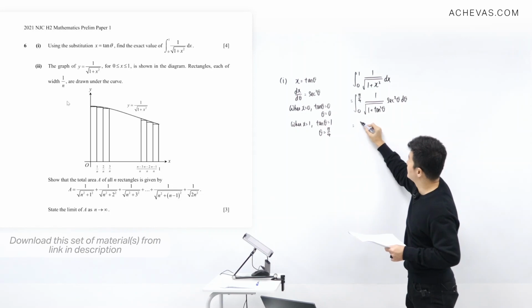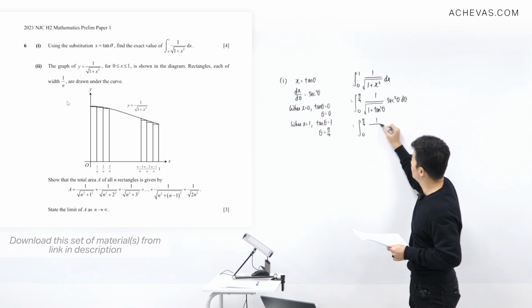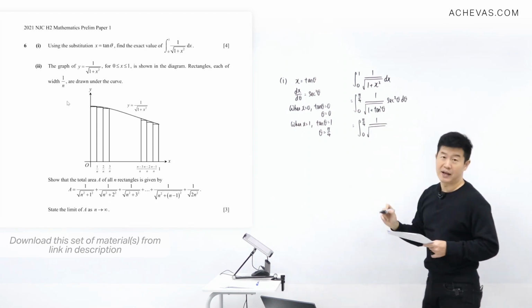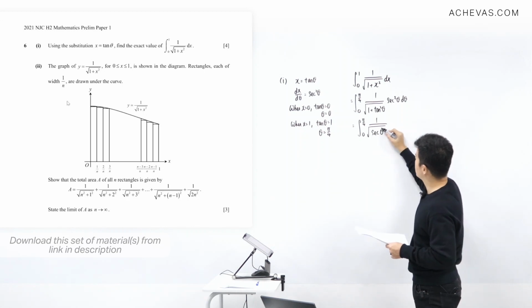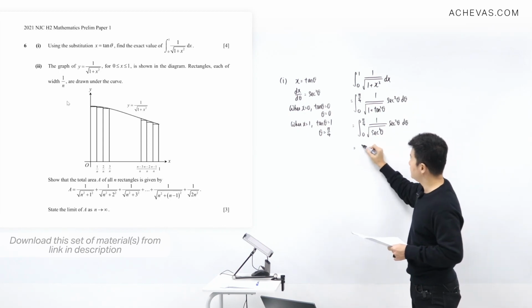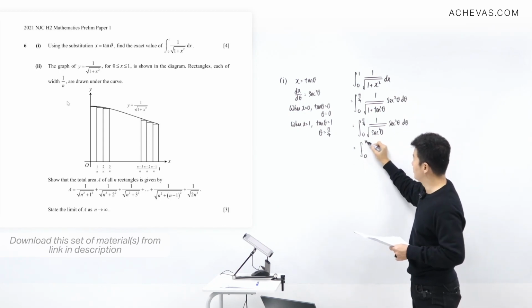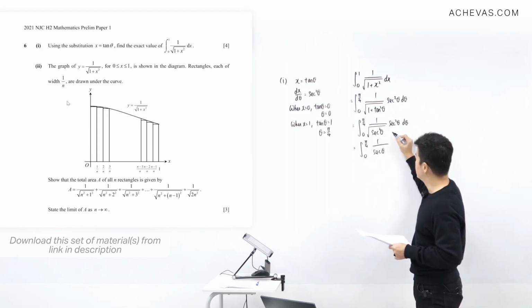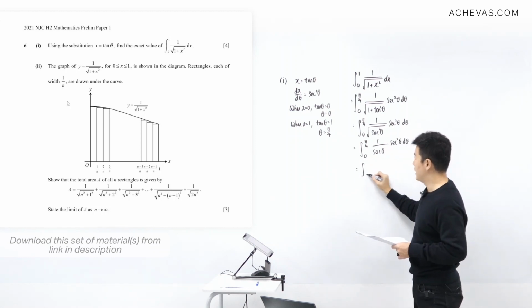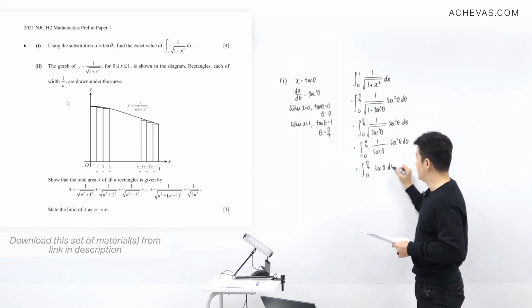So this is going to be integration from 0 to pi over 4 of 1 over square root of 1 plus tangent square theta, which is secant square theta. Then secant square theta over here, d theta. This is going to be from 0 to pi over 4 of 1 over this, which is secant theta. And here we have a secant square theta d theta. And we will be ending up with the integral from 0 to pi over 4 of secant theta d theta.